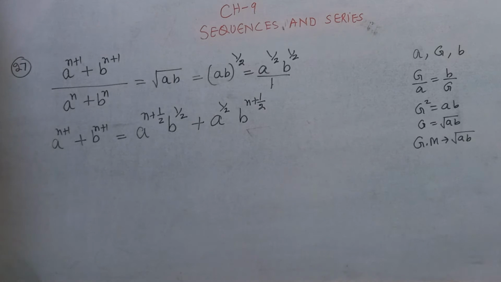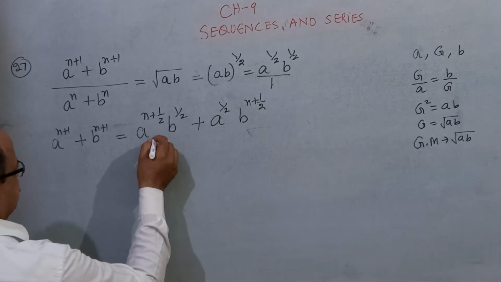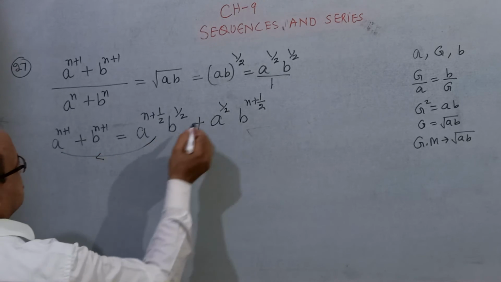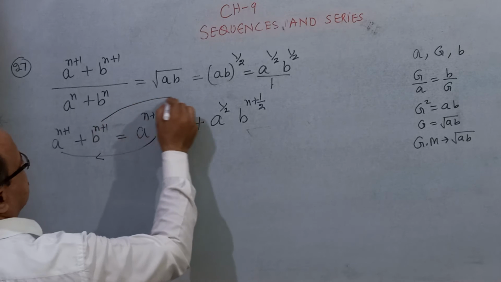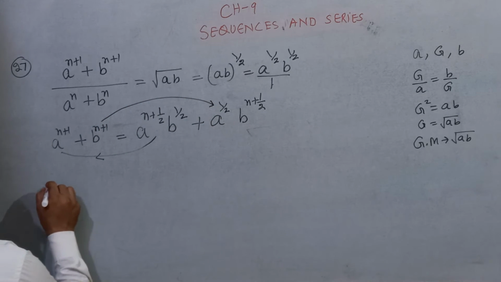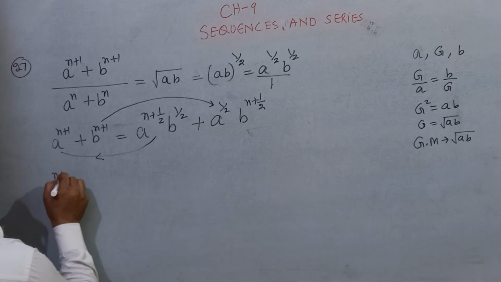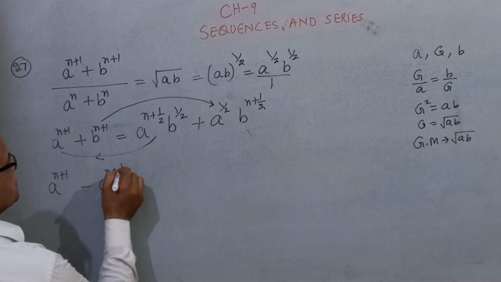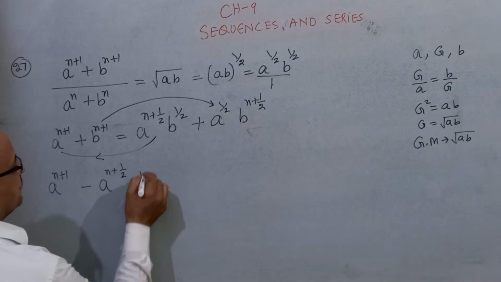Now shift this term to the left hand side and shift this term to the right hand side. You can write a to the power n plus 1 minus a to the power n plus 1 by 2, b to the power half.